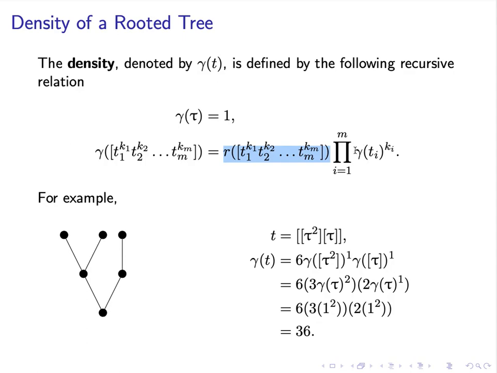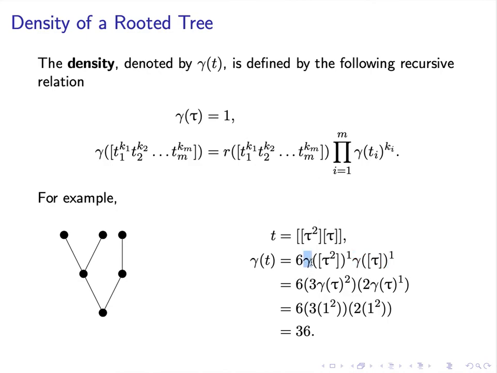Here we have the densities of each subtree raised to the power of the number of times they occur. So again, using the same example, we previously calculated the order was 6. We got 2 trees, so this first tree appears once, so that's raised to the power 1, and the second tree also only appears once, so that's raised to the power 1.